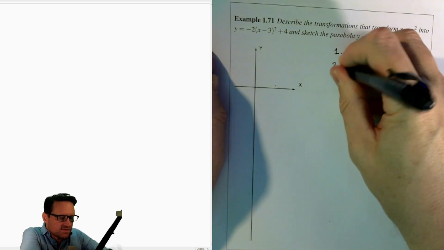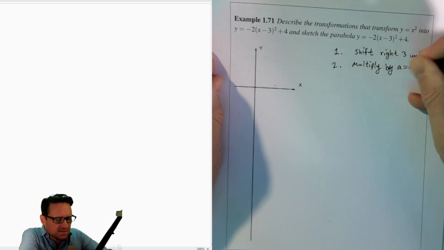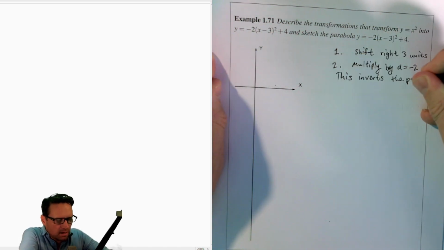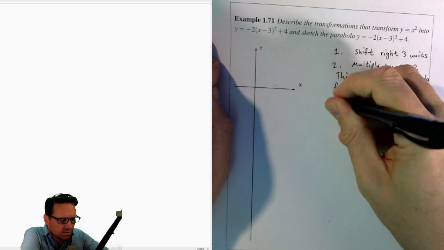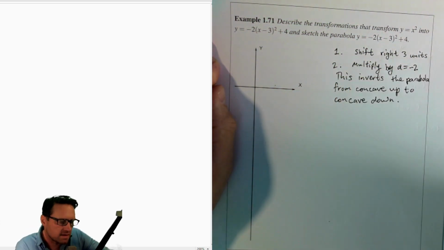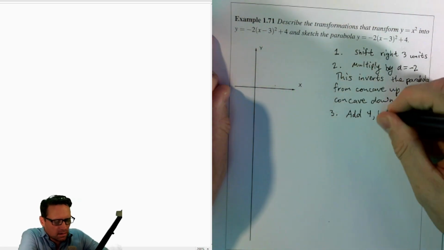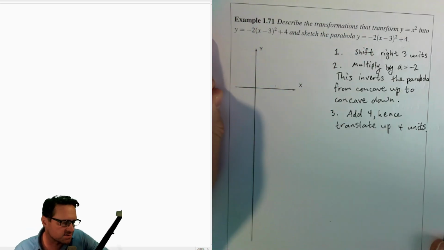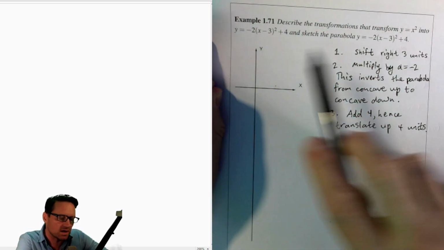Then in step 2, multiply by a equals minus 2. Now what that does is it inverts the parabola from being concave up to concave down. Okay, and then in step 3, add 4, and hence we translate up 4 units. Okay, so that's the description of what's happened to transform y equals x squared into this parabola.